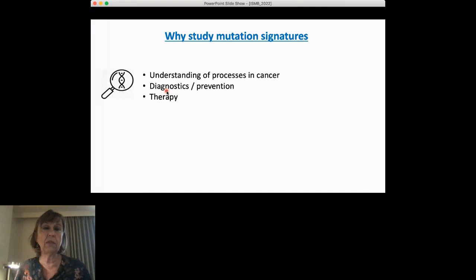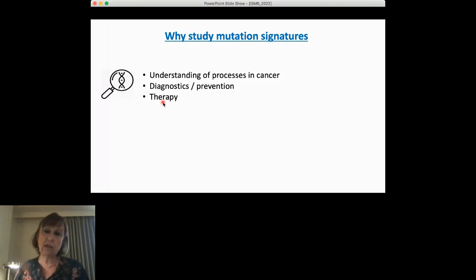It's also important because it helps both diagnostic and prevention. If we understand that certain environmental factors are responsible for particular signatures, then it helps us to identify those mutagenic factors and avoid them. And equally importantly is the therapy.